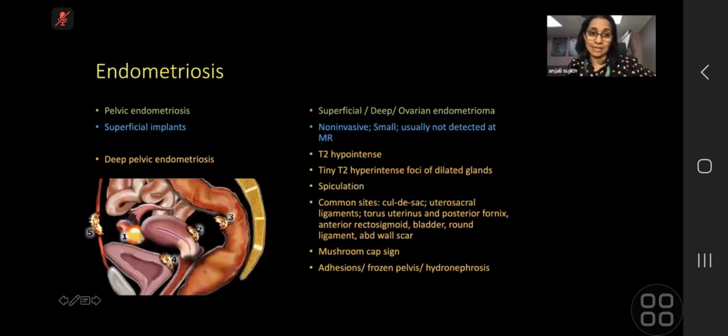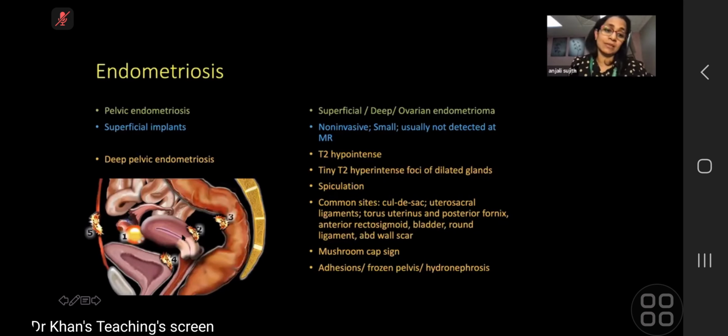You may see tiny cyst-like foci within these endometriotic plaques, which are dilated endometrial glands. They can have spiculation. Now, be aware of the most common sites of endometriotic plaques. The posterior surface of the uterus and the posterior fornix are favored sites.